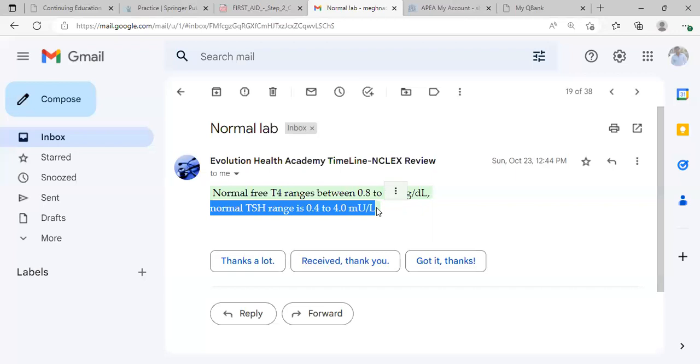Tell your brain I want to remember. So TSH 0.4 to 4.0, right? And T4 0.8 to 1.8. So I want to say there is no magic, but if you tell your brain, I want to remember for my exam, definitely you will remember.